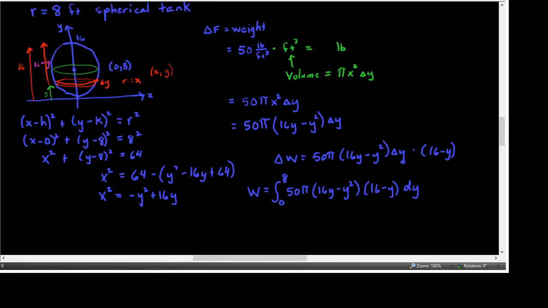I'll leave that to you as an exercise to practice some calculus 1 level integration, which involves simplifying that product, pulling the 50 pi out, doing the product of those two binomials, giving you a polynomial to integrate, and then evaluating that.